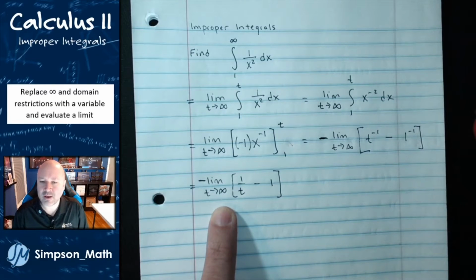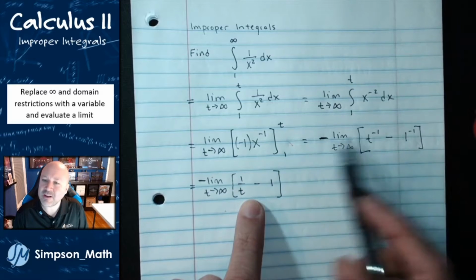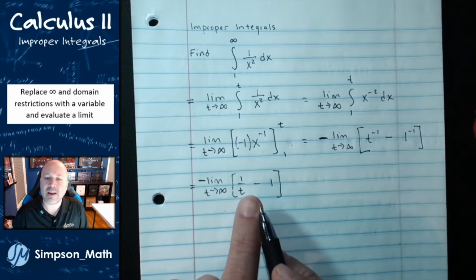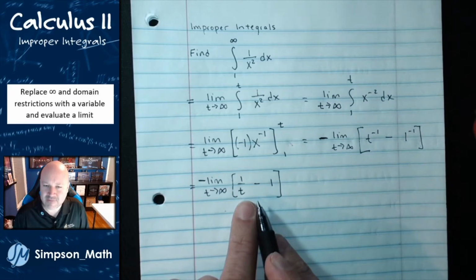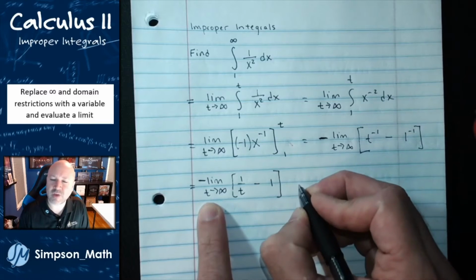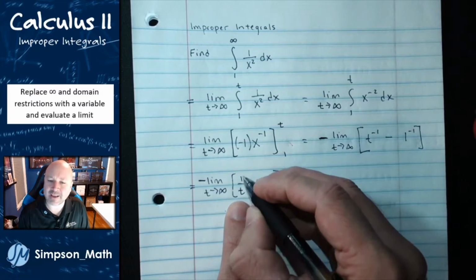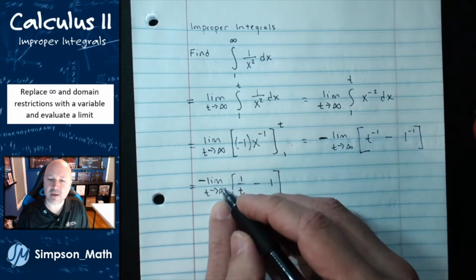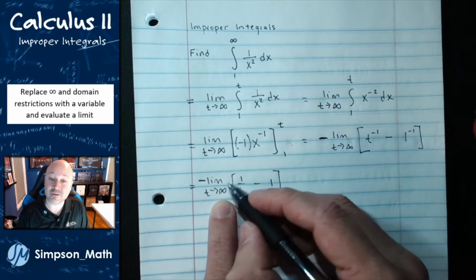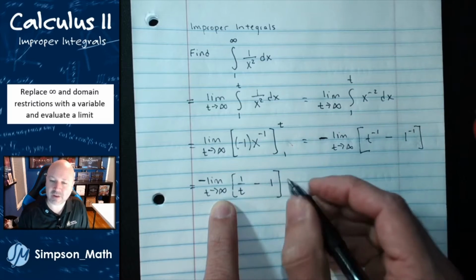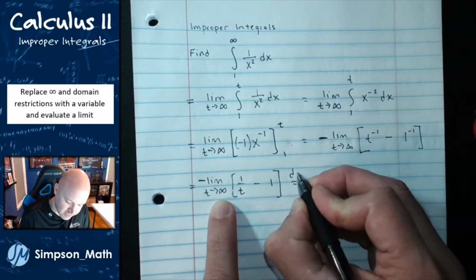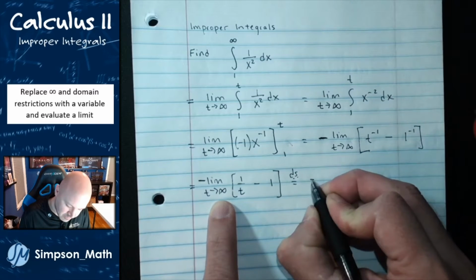I think I'm ready now to evaluate this limit. I've simplified, I've integrated, and I've simplified. Now I'm ready to evaluate the limit. So this is direct substitution. There's a problem, like I can't plug in infinity, but this function is continuous out there beyond infinity, so direct substitution is safe.